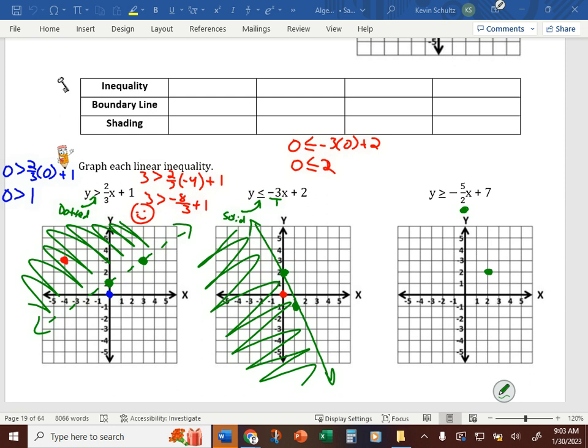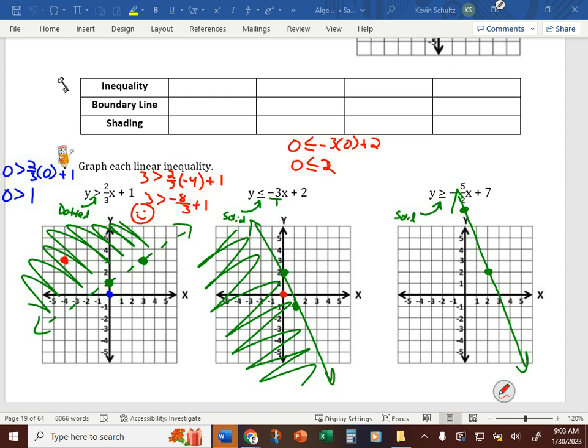Is this going to be dotted or solid? Solid. And we know that because it has that or equal to piece. On a number line, it would be a closed circle. But on the coordinate plane, it's a solid line, which means that every ordered pair on the line does work, along with an infinite number of others. And we're going to decide which side those are on now.